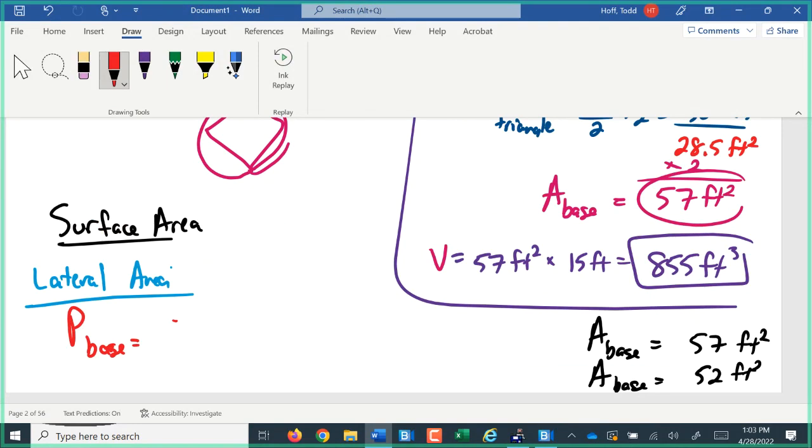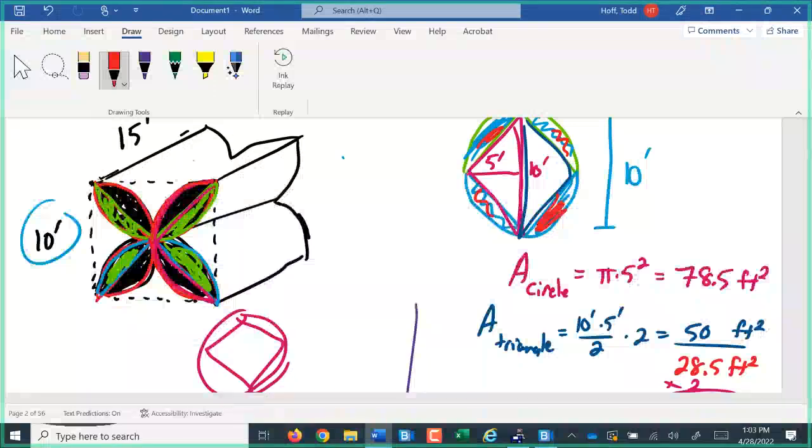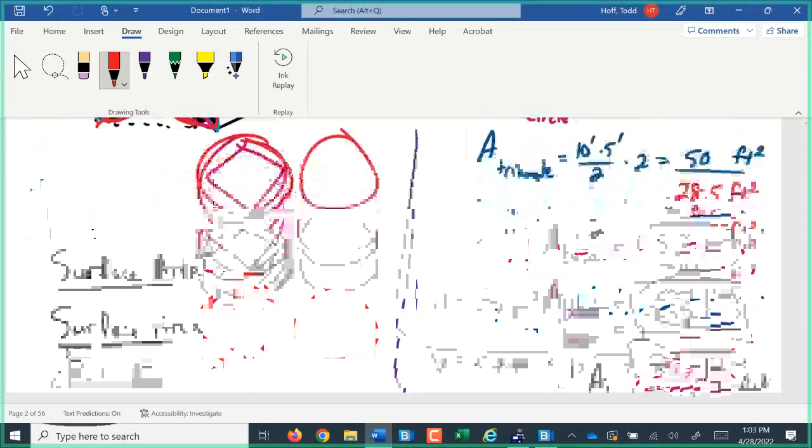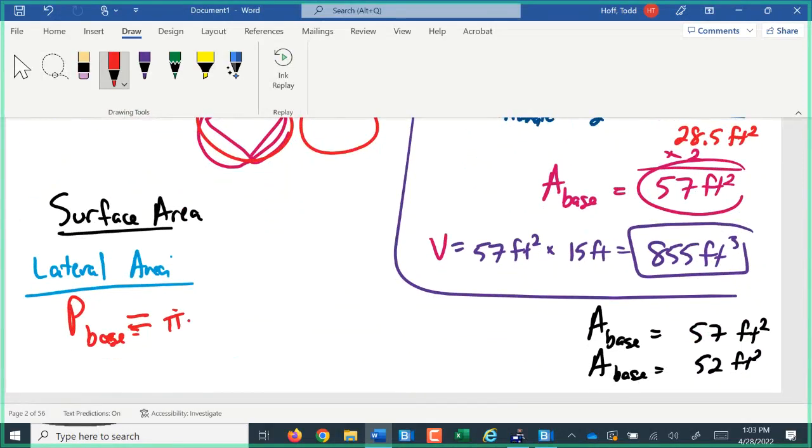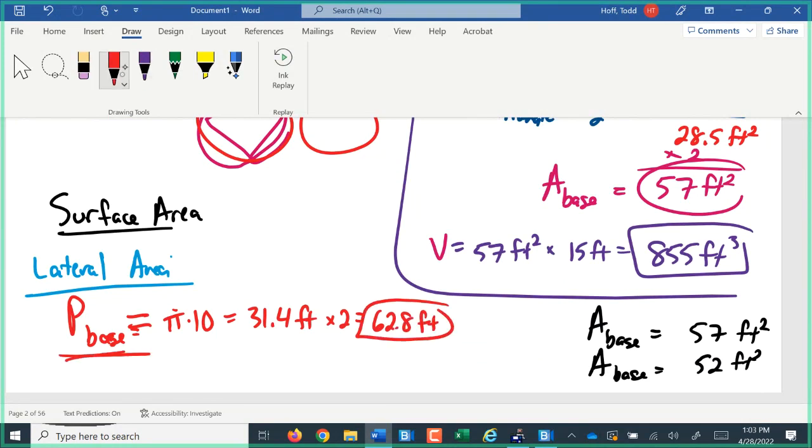Well, we've already seen from finding our area that the base is just 4 half circles, right? Does that make sense? 4 half circles makes 2 complete circles. So that's pi times the diameter, which is 10, 31.4 feet, and of course times 2, because there's 2 of them, 62.8 feet is the perimeter of my base.